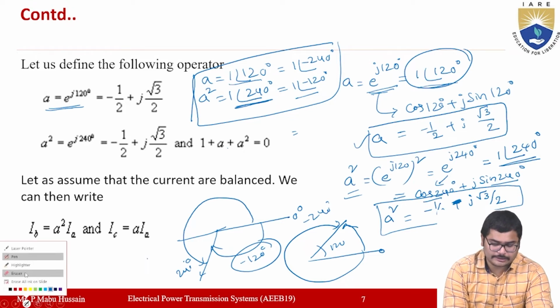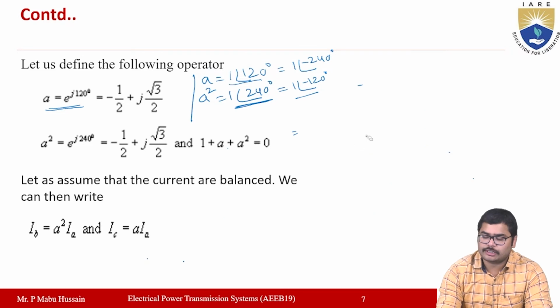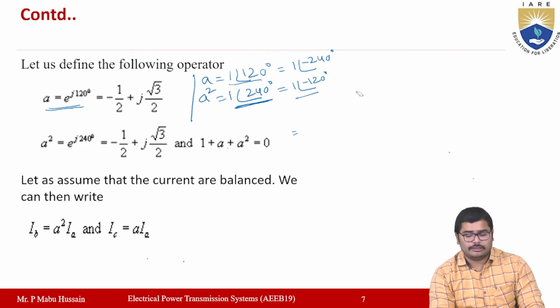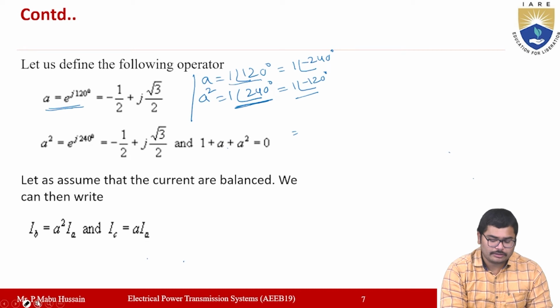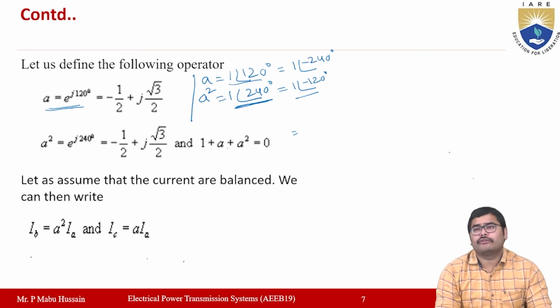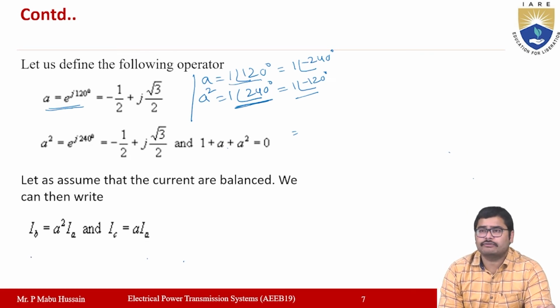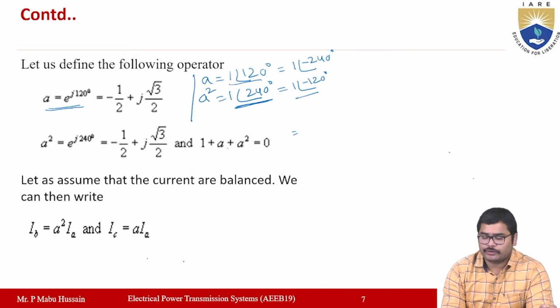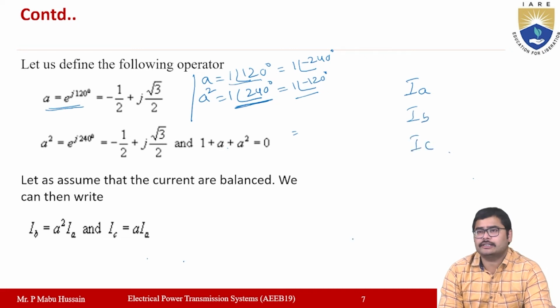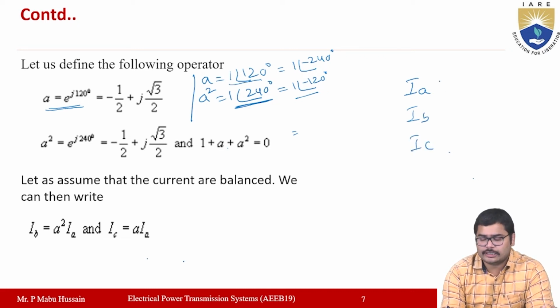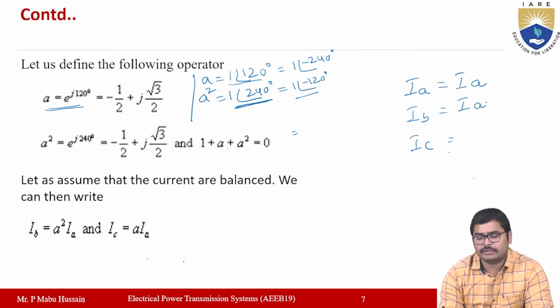I will erase this again. In a 3-phase transmission line system, for a balanced system, the magnitudes of the currents IA, IB and IC will be the same. If IA has a magnitude IA, then IB also has the same magnitude.